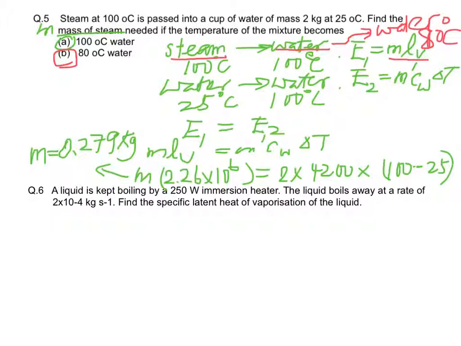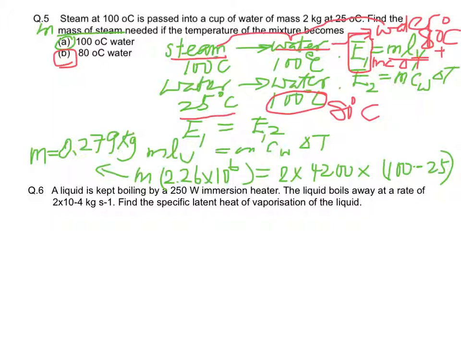We call this energy release equal to mc delta T. Therefore, the energy released by the steam during these two steps is mLV plus mc delta T. Next, the energy absorbed by the water will be changed from water at 25 degrees Celsius to water at 80 degrees Celsius.